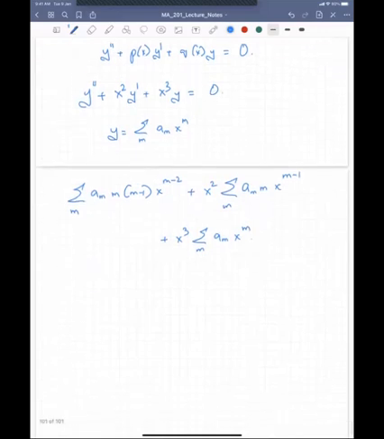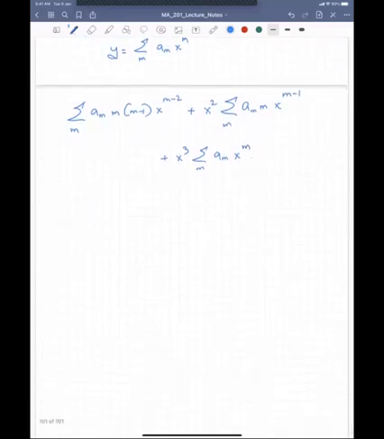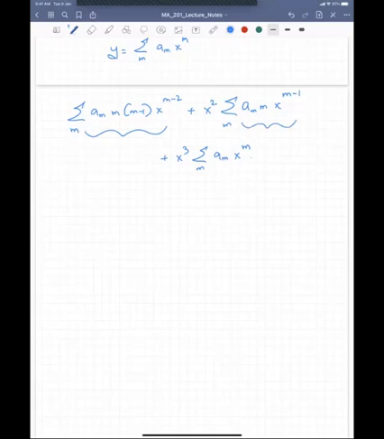Now you'll have to massage this series such that you collect all the coefficients of similar powers of x. The way to do this is, I can shift m by m plus 2 and write this as x to the m. You might be tempted to shift m by m plus 1 here. If this was a constant, that would be completely right.